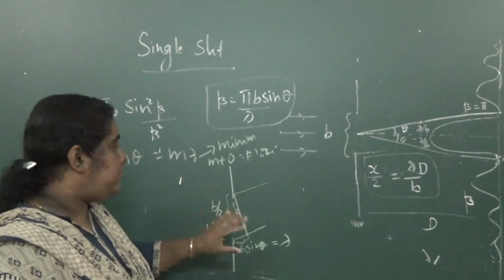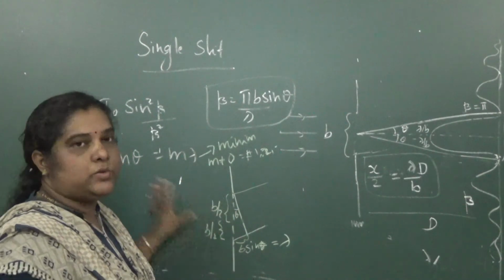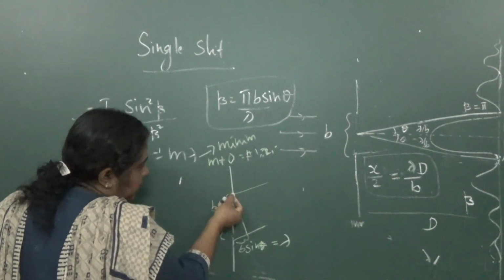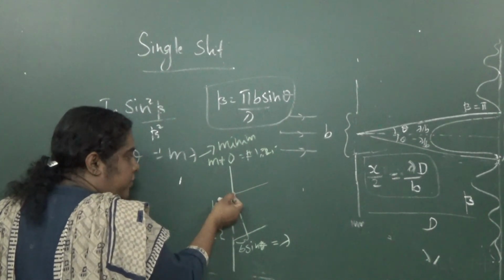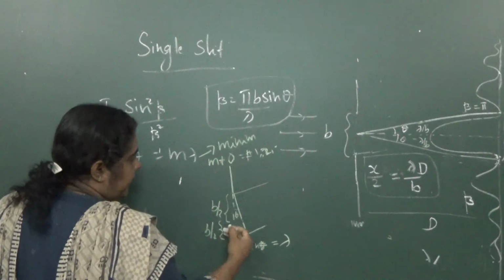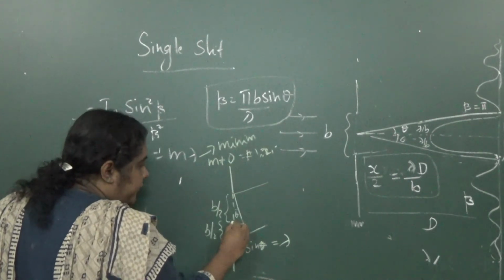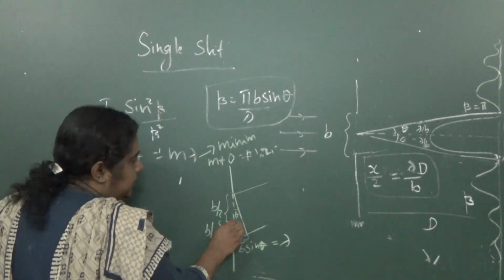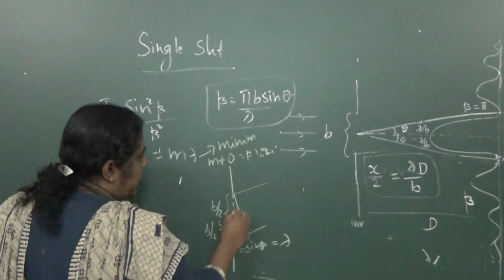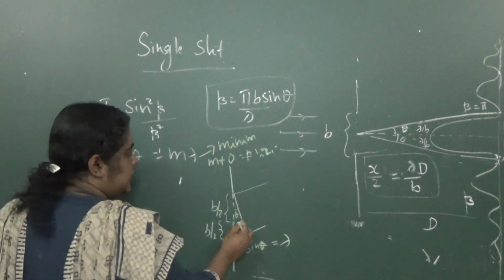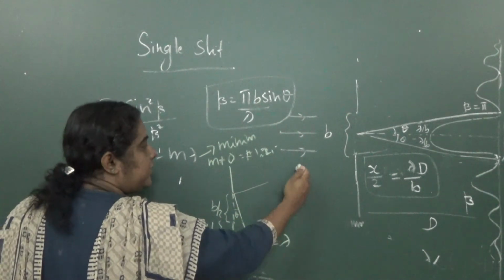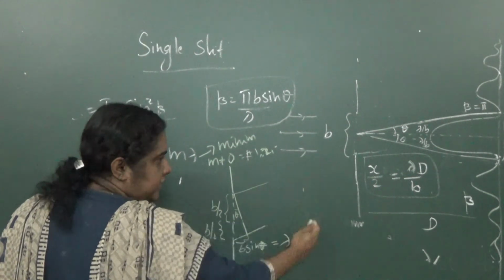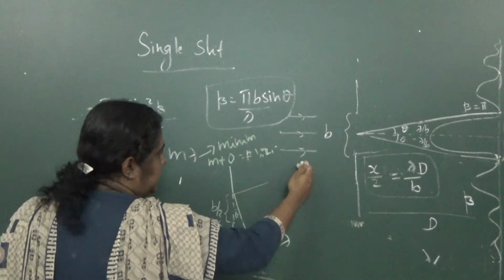So now I am dividing this slit into two. If I take one of the points from the upper half and the other point from the lower half, which is the first point source in the lower half, this one and this. Actually, we are interfering all the waves at our reference point.